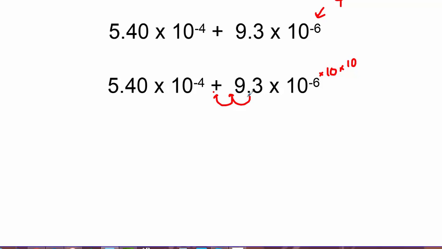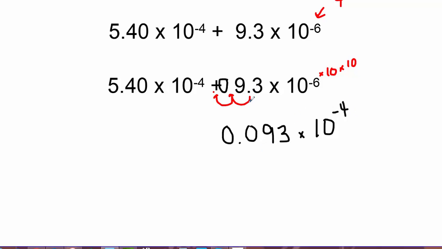Let's rewrite that number, filling in our 0. That's going to be 0.093, okay, times 10 to the negative 4 now instead of negative 6. I've multiplied by 100 to raise it up to negative 4, and I've moved my decimal place over 2 spaces to balance that out.